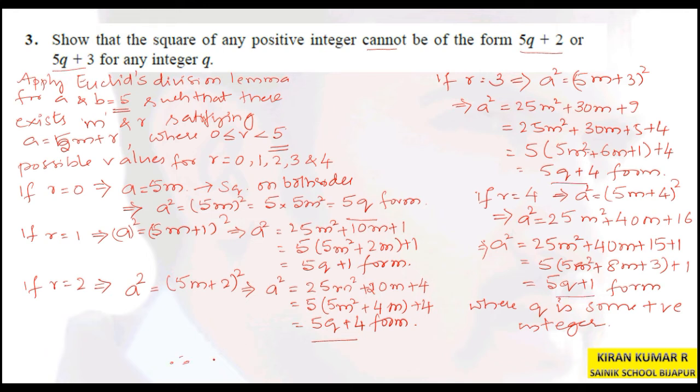Therefore, square of positive integer cannot be of the form 5q plus 2 or 5q plus 3, because we are getting 5q, 5q plus 4 and 5q plus 1 form.